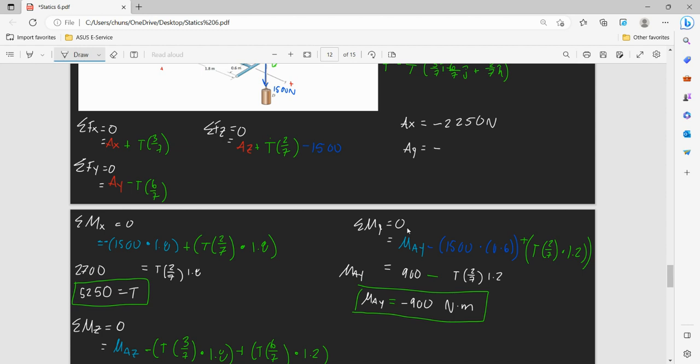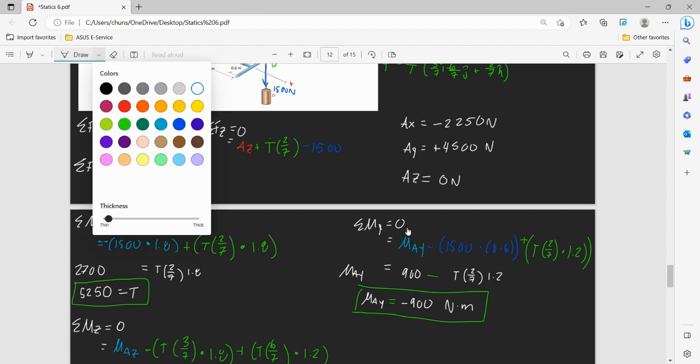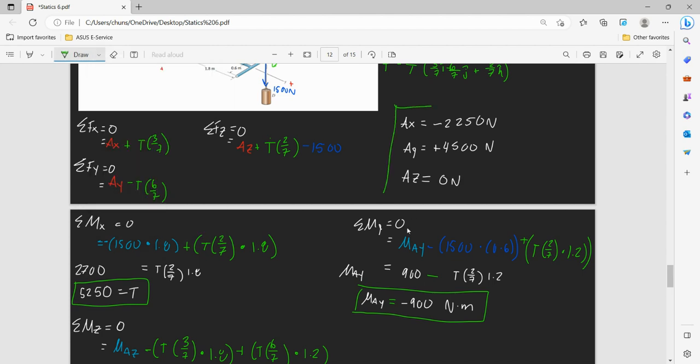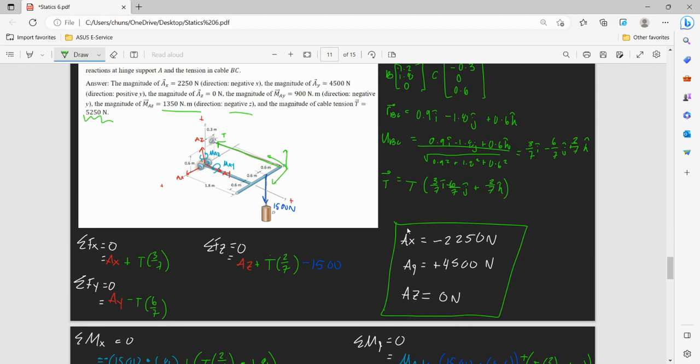This is positive 4,500 newtons, and AZ is equal to 0. Okay, so let's check our answers. AX, yes. AY, yep. And AZ. All right, so that is this question done.